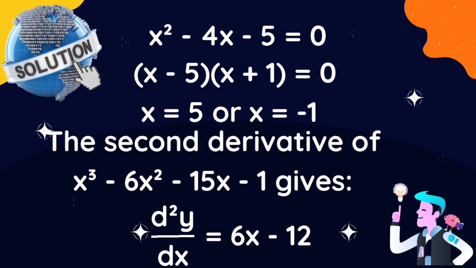When you substitute the critical values, which is x equals 5 and x equals minus 1, into the second derivative of the function, when you have a positive value, that will be the minimum point, and when you have a negative value, that will be the maximum point of the function.